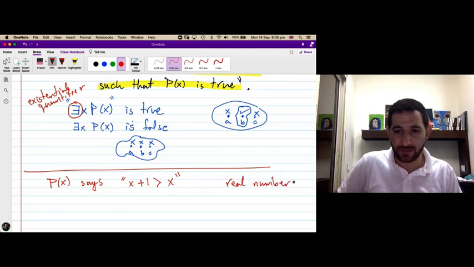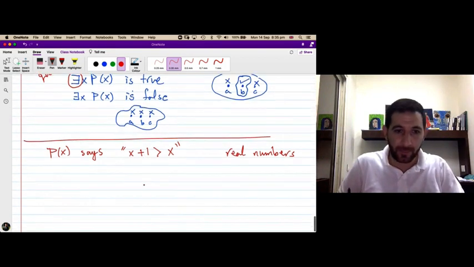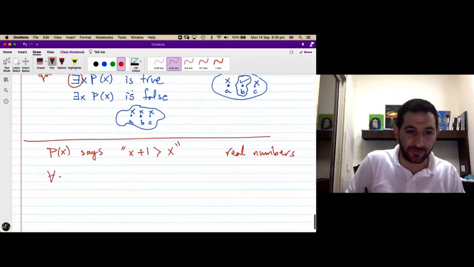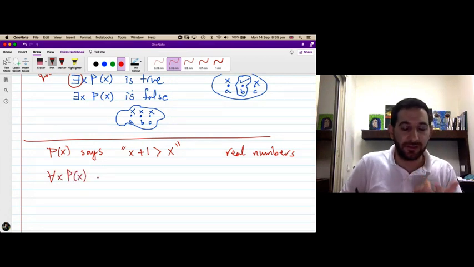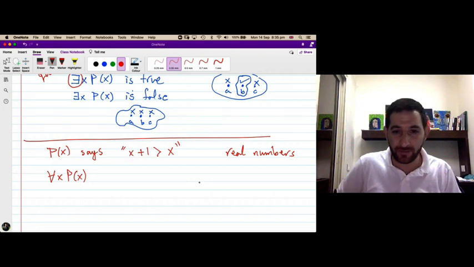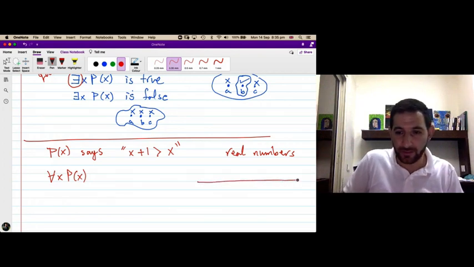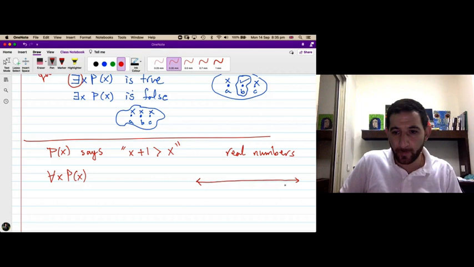So this means that you can choose any real number to be the value of x. Now let's discuss, is for all x P of x true? So this is true when every element, so what is our domain? This is the real number line.